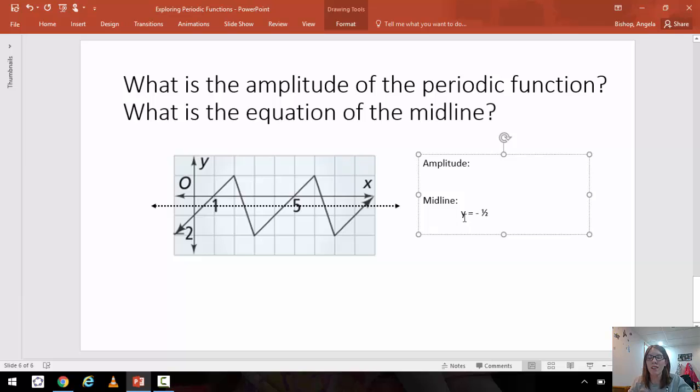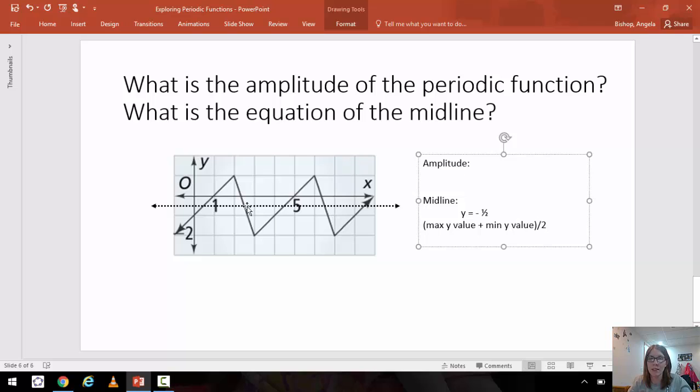If you ever are like, oh shoot, with these y values, I don't really know what that number is going to be, an easy way to figure it out is to take your highest y value, or your maximum y value, plus your minimum y value, and divide by 2.